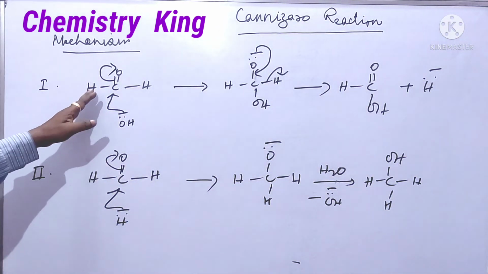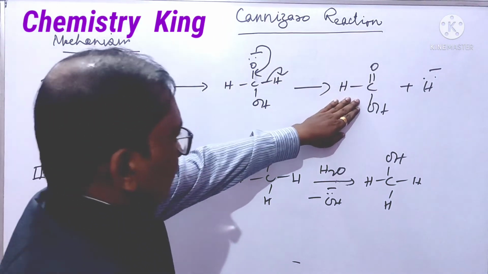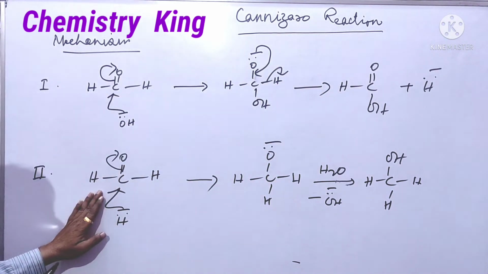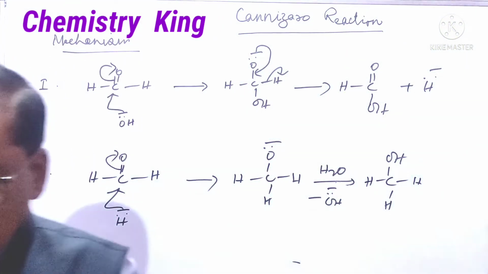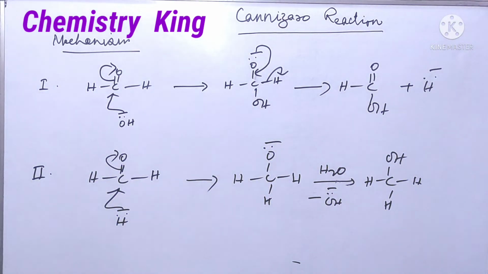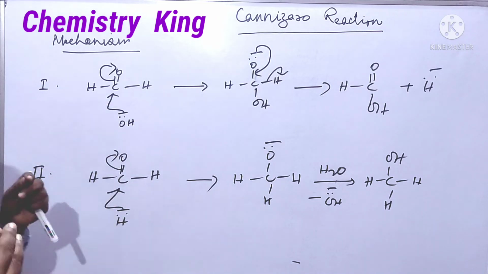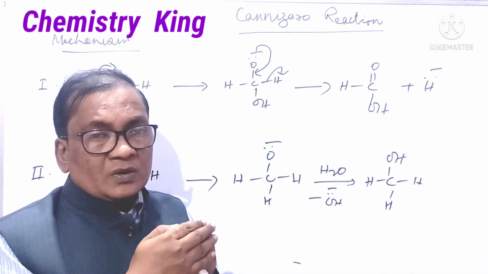The first molecule of formaldehyde is oxidized into formic acid, and the second molecule of formaldehyde is reduced into methyl alcohol. And so we say this process is disproportionation. Cannizzaro is disproportionation. And also you should remember that here two carbon atoms are not linked together.